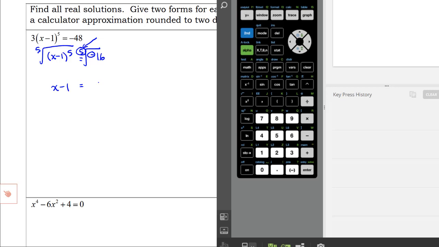So this is going to be, if I wanted, I could do this, right? Negative 5th root of 16. And also, a 5th root is okay with having a negative underneath, right? So then, I kick the 1 out of there, and here's our final answer in exact radical form.